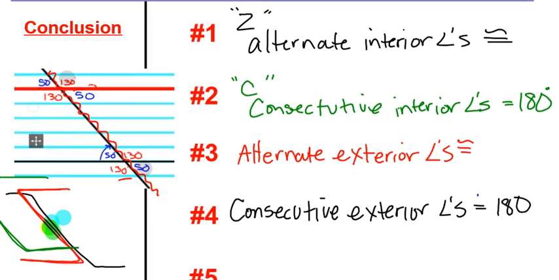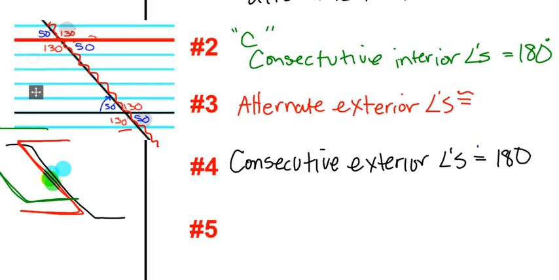The last pair of angles that we talked about, and this is the pair of angles that has the most combinations, are not interior or exterior. Those are the ones that fall in the same corner. So 130, sorry, the 50 and the 50. Those are the angles that make the F. Those are the corresponding angles. And that first pair that I have, notice that they are both equal to each other.